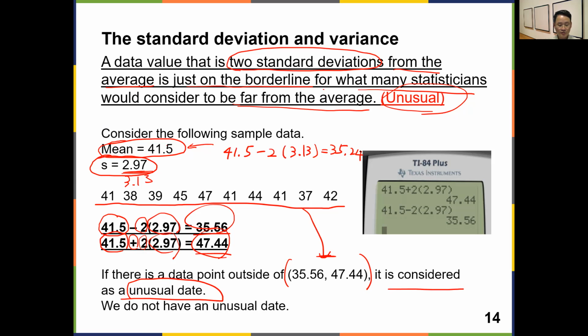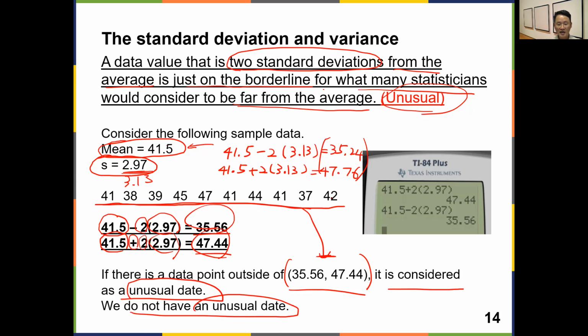And if you do the plus, 41.5 plus 2 times 3.13, that would have been 47.76, right? So it's a similar value, not that far from this. And again, you check any one of these data points, it's not outside these two, right? So in this case, we really do not have any unusual data.